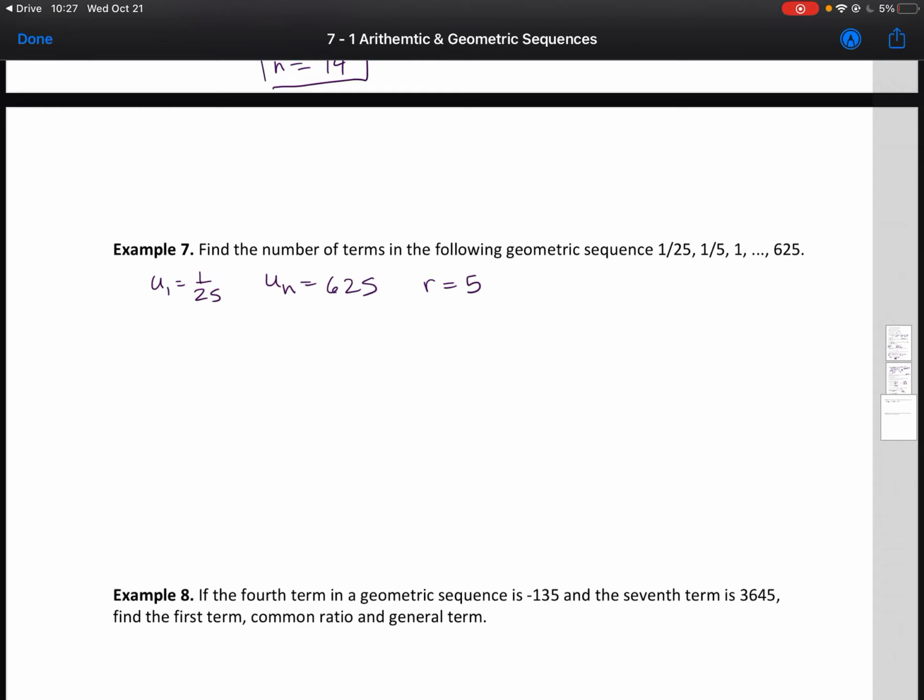So what I'm going to do is the same thing that I did for the arithmetic series, okay, is use my equation here. So I know that this is true. Un is going to be 1 over 25, 5 to the n minus 1.